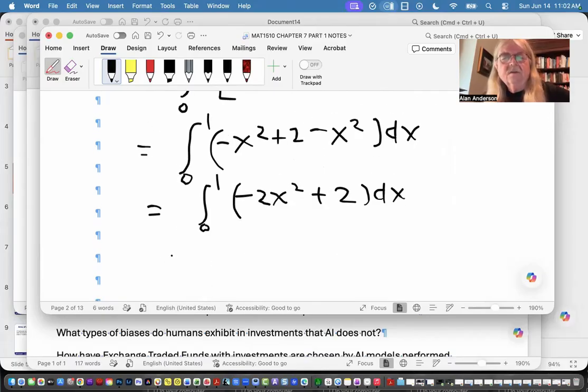All right. Now, of course, we can apply the rules that we've learned up to this point or have reviewed and evaluate each of these.